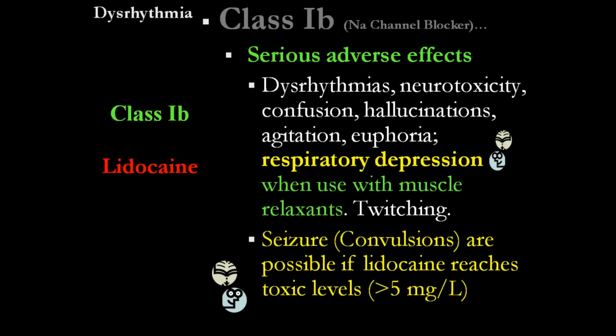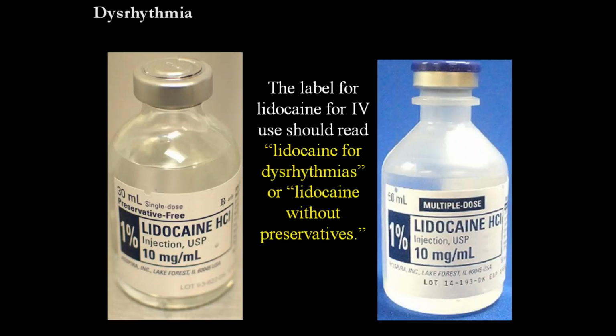If you reach toxic levels, they lead to respiratory depression. Even though lidocaine is less toxic than the rest of the antiarrhythmics, you still need this precaution. Seizures and convulsions occur when lidocaine reaches more than 5 milligrams per liter. So respiratory depression and seizures, very bad for lidocaine, right?